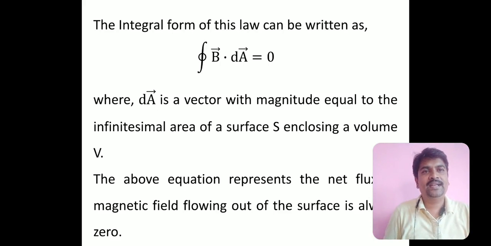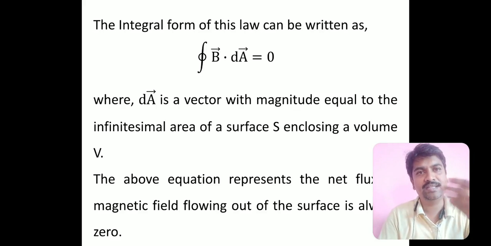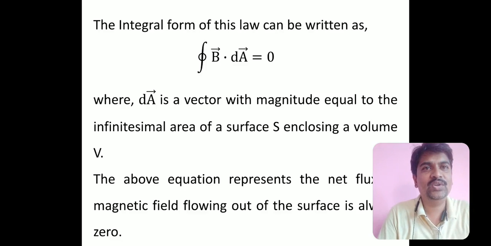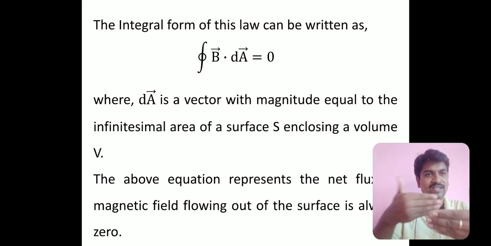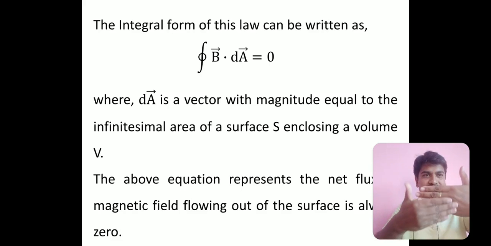Let us see, can we have an integral of the magnetic field over some area dA? Can we have magnetic lines of force coming out of an infinitesimally small area dA? If I look into that, the integral of B dot dA is also 0. This equation represents the net flux coming out of the surface, and that is again 0. You cannot expect flux lines coming out of a surface area, so you cannot have a divergence.